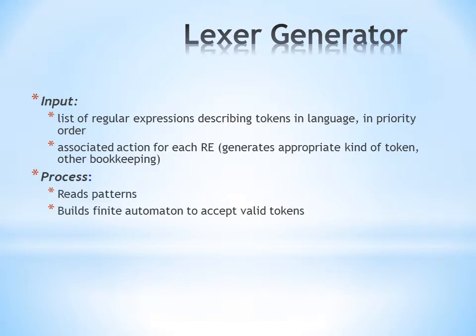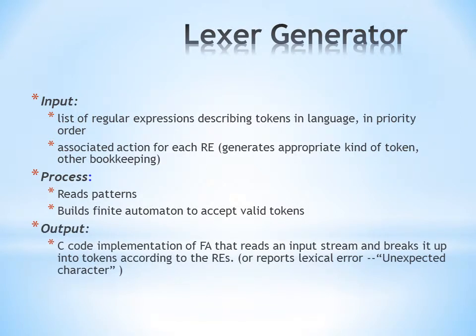As the process, it reads patterns and builds a finite automaton to accept valid tokens. As the output, it produces code implementation of a finite automaton that reads an input stream and breaks it up into tokens according to the regular expressions.